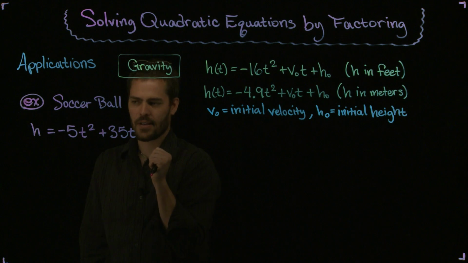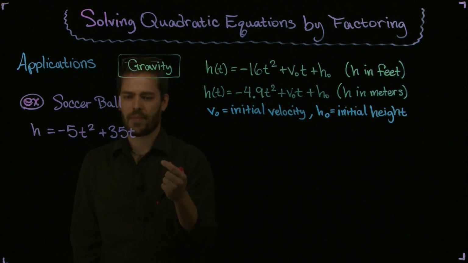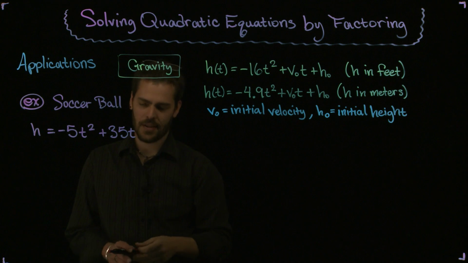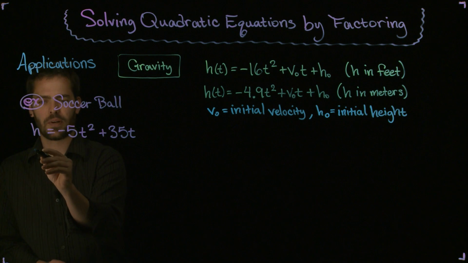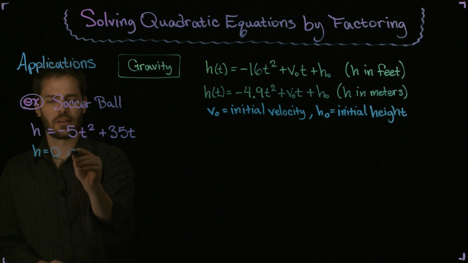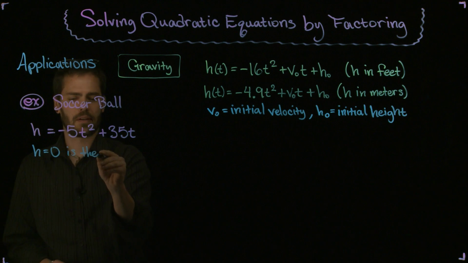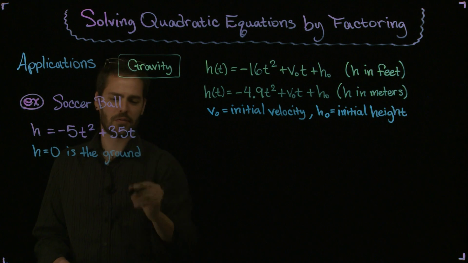Okay. So what if I were to ask you, somebody comes up, they kick the soccer ball. When is the soccer ball going to hit the ground? So the first thing we should recognize to solve this problem is that h equal to 0 is the ground. It starts at 0 before it was kicked.